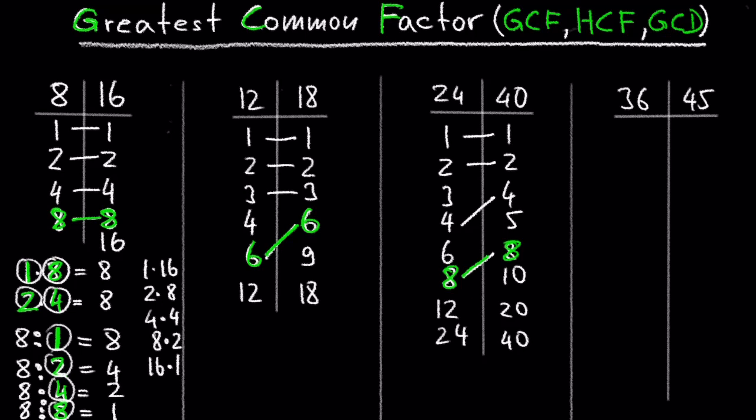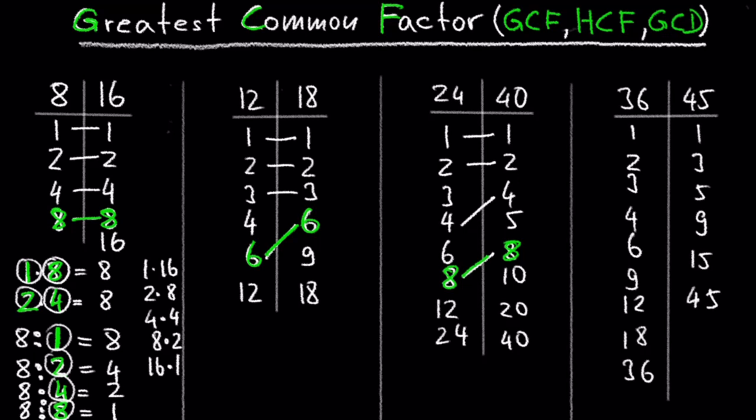The numbers that fit into 36 are 1, 2, 3, 4, 6, 9, 12, 18, and 36. And the numbers that fit into 45 are 1, 3, 5, 9, 15, and 45.